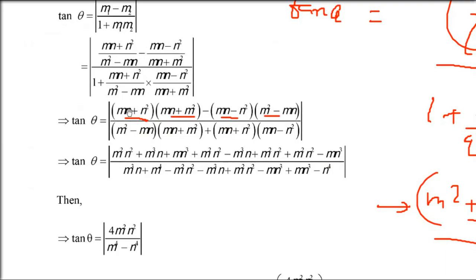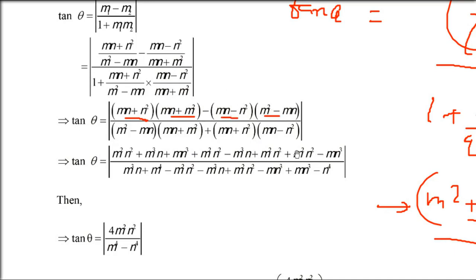So mn in m square n square, and then n square mn is mn square, n square m square is n square m square. Now minus sign will change. M square is m cube n. mn is m square n square. Minus plus. N square and m square is minus goes plus. So plus n square n square. N square mn is mn cube. Okay, mn cube.